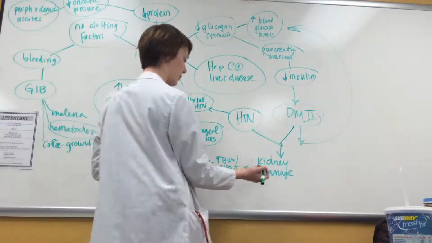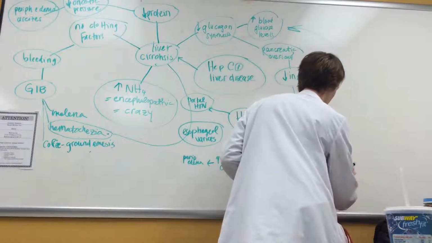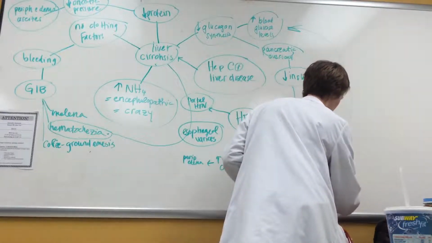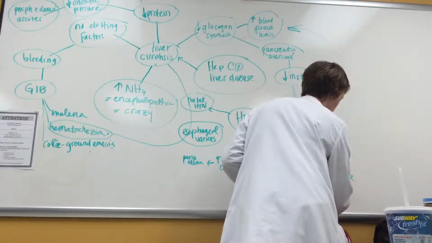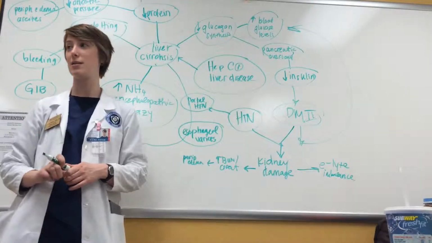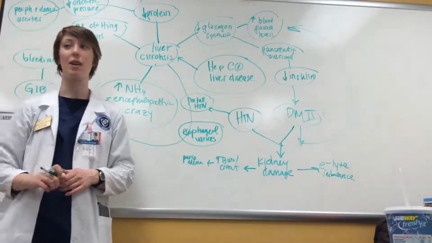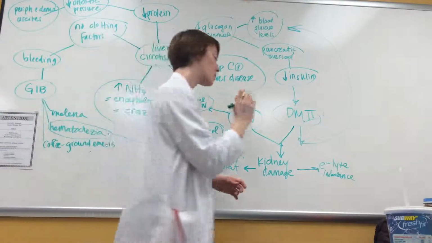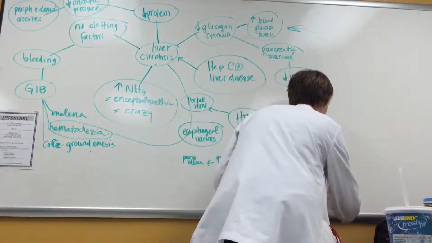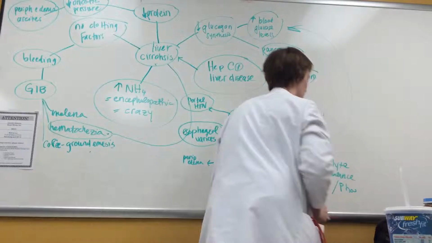Oh, and then of course, electrolyte imbalances. What are your two electrolytes that have the most to do with kidneys? Potassium, yes. Actually, not sodium. Sodium's kind of it, but phosphate. Your two kidney numbers are your potassium and your phos.